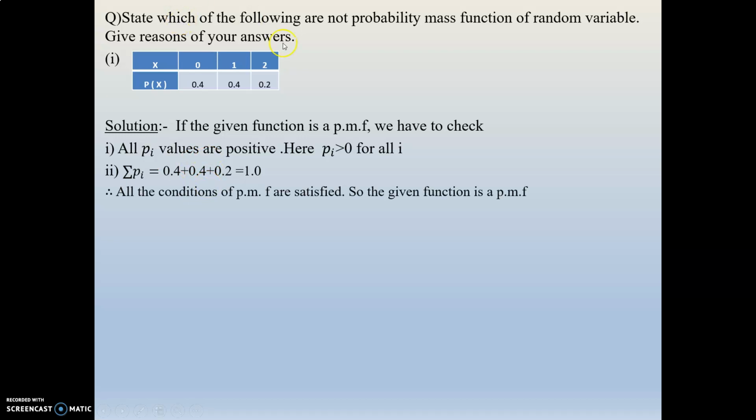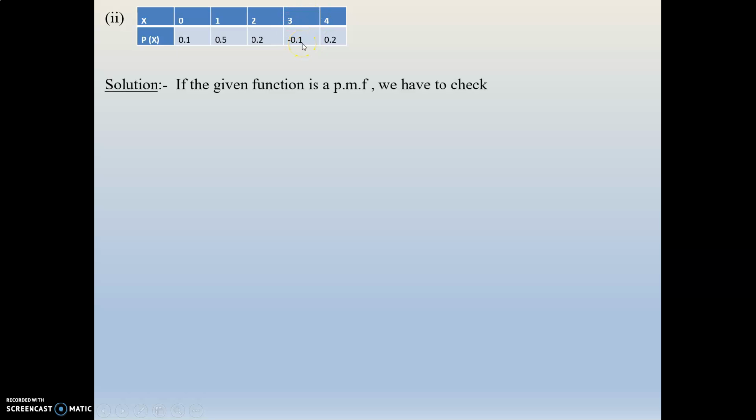But that is not the question; you have to check which of the following functions are not probability mass functions. So this question is not in that category, this is a probability mass function. Second question, here you can see the table. The given probabilities are not all greater than 0. For x equal to 3, minus 0.1 is visible.